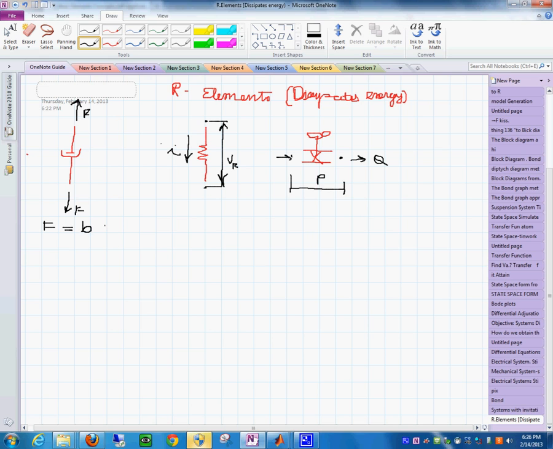B times X dot, right? That's how that one is. This one in here, the voltage of the resistive element is equal to the current multiplied by the resistor, right? This is very good. They bring memories from your electrical circuits class.